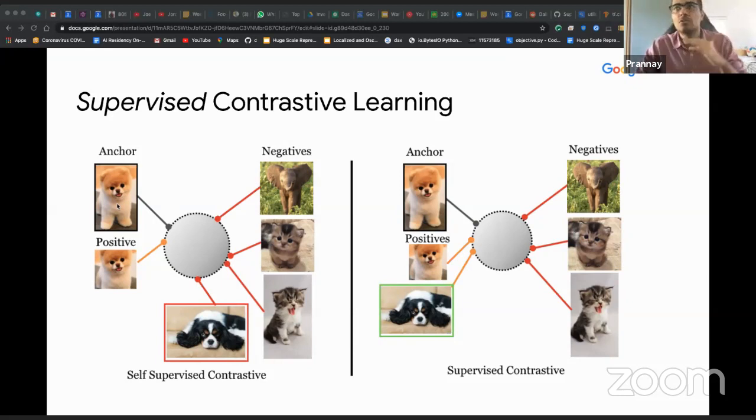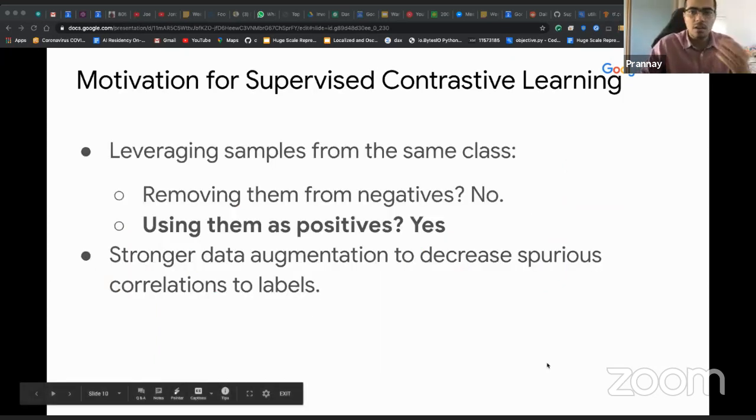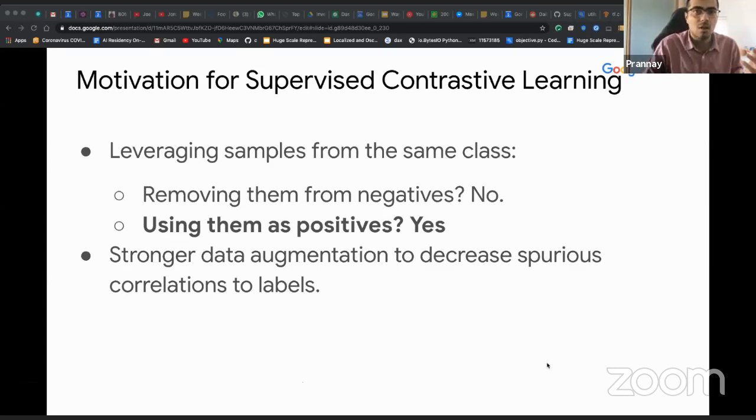It's still not clear how to do this perfectly, because we had this likelihood and mutual information interpretation before, and we want to keep all of those without making things more difficult for ourselves. So what we realized was that there are multiple possibilities. One clear possibility is to just take out samples from the same class being used as negatives. So do not push against them, basically. And does that work well?